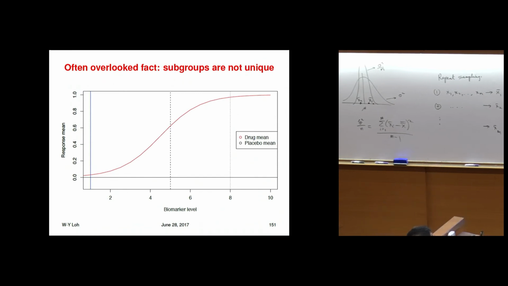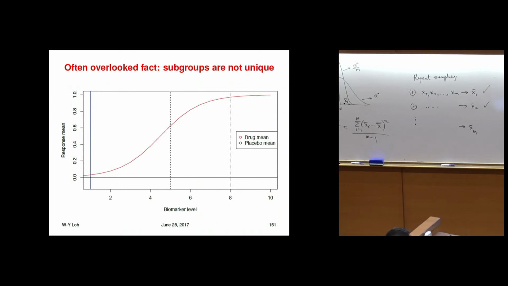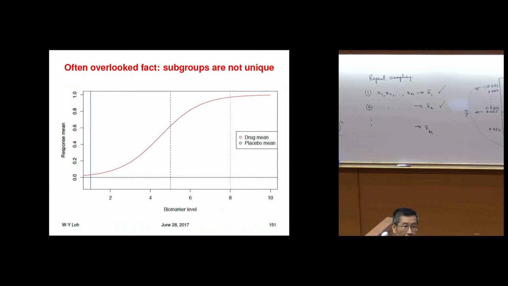So if you say this is your subgroup, the subgroup is if the biomarker is bigger than 5, all right, then the difference between the drug and the placebo is about this minus this, right? But if you think there's not big enough a difference, you can shift your cut to here at 8. Right? Then the difference is this over here minus this. So now you have a much bigger effect. But your subgroup is smaller.